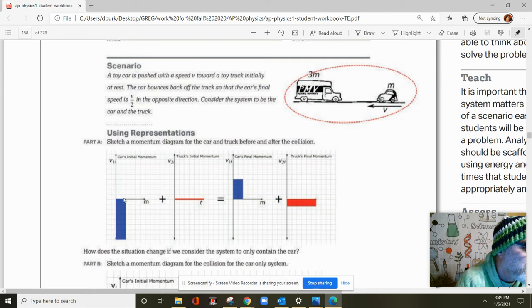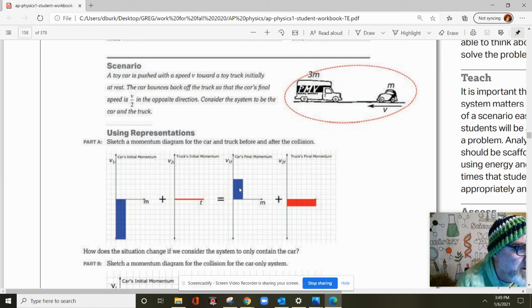So if this has 1 times whatever this is, 1, 2, 3, 4, 5, 6, 7, 8. This is basically 8 units of negative momentum. Afterwards, we have to have 8 units of negative momentum. So here we have 1, 2, 3, 4 times 1.